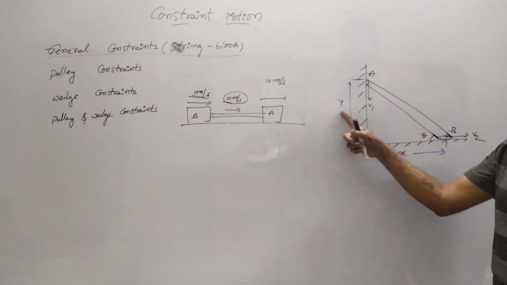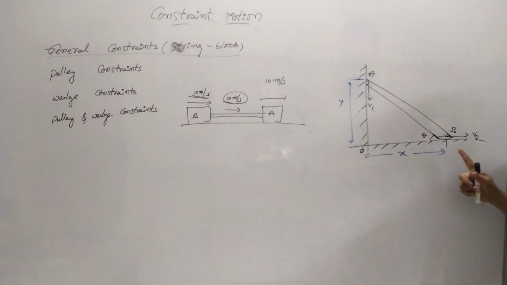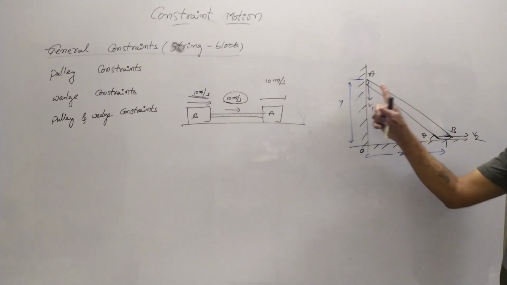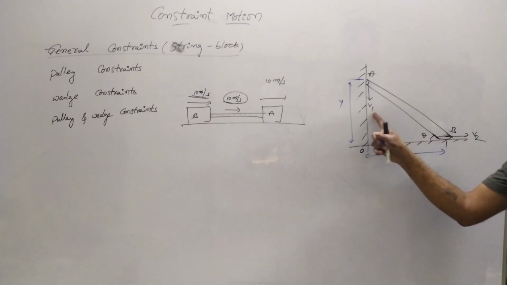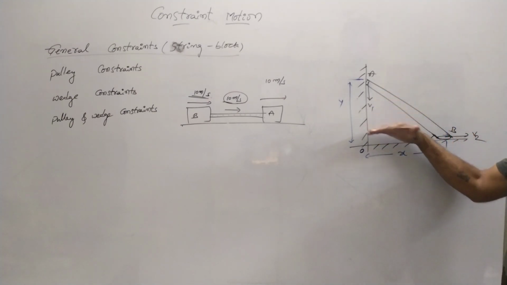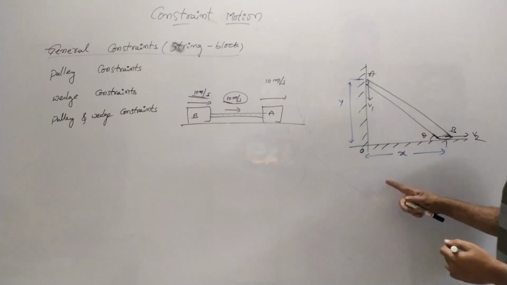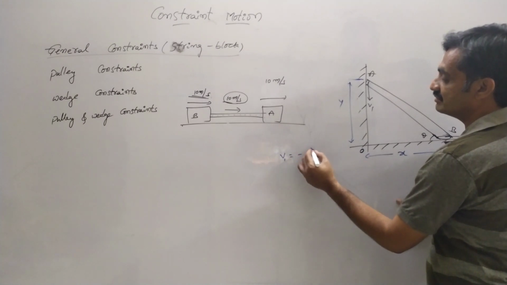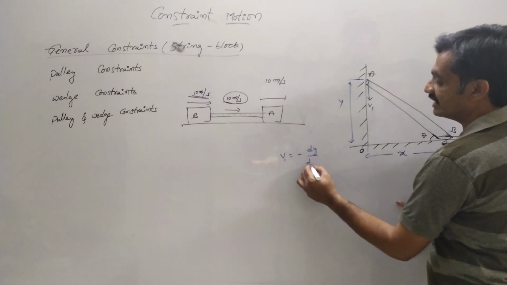From O to A the displacement is y, and from O to B the displacement is x. Now we have to show the relation between velocities v1 and v2 when the rod is sliding down towards the origin. Observe that the velocity at point A is v1 equals minus dy by dt.